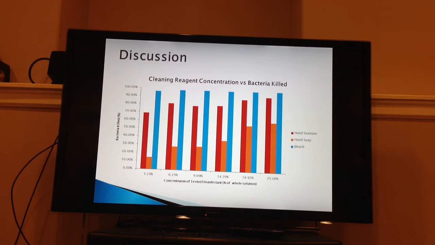So at 25%, it was nearing the level of bleach, killing about 90%. And hand soap, although it gradually increased, was never able to kill more than 65% of the bacteria. And so as a result, all the plates with hand soap applied showed dense colony growth when seen the next day.